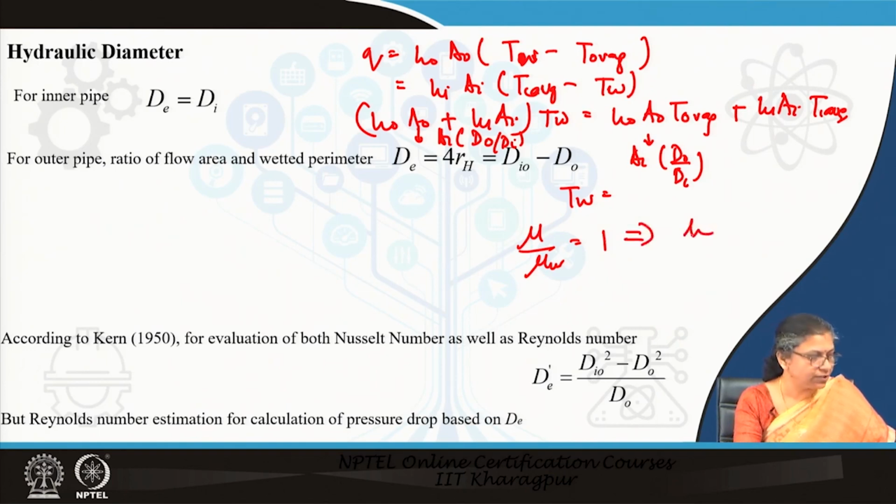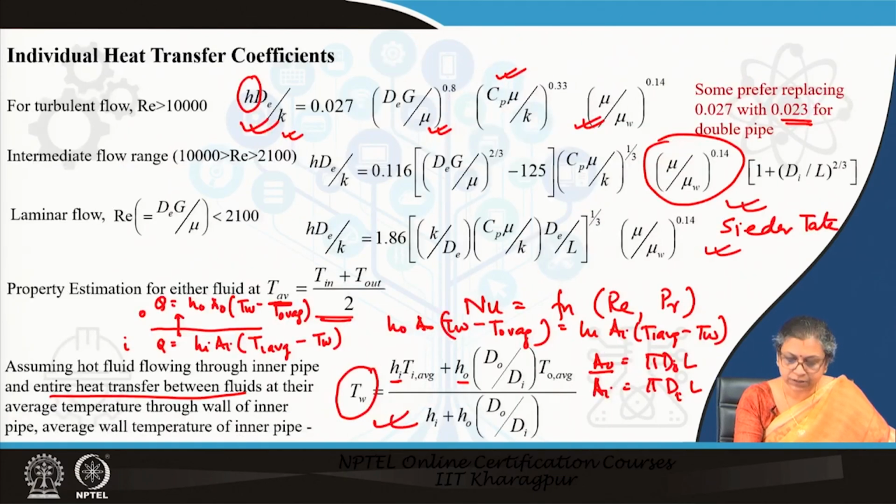After you have found out H, in the same way you can find out HI by assuming mu by mu W equals 1 for the inner fluid. Same way you assume mu O by mu W equals 1, you find out HO. Once HO and HI are found out, then you substitute these to find out TW.